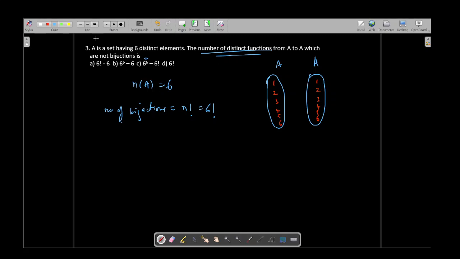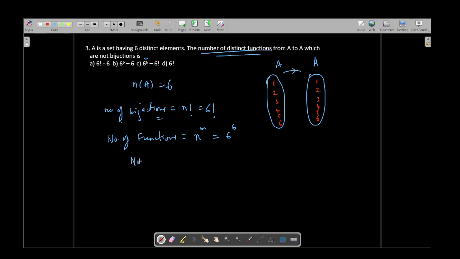So totally we have the number of functions is actually n power m. So here both n and m are equal, so it is 6 power 6. This is the total number of functions that we can form from A to A, and number of bijections is 6 factorial.